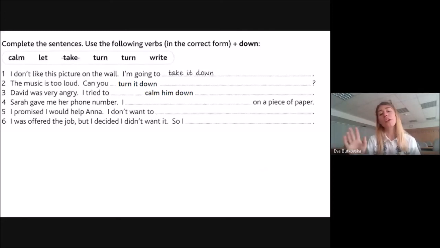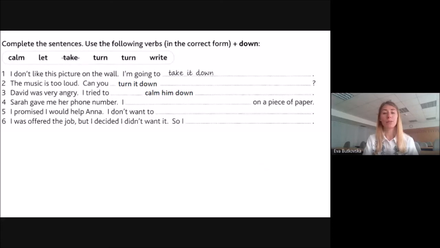Some phrasal verbs are separable, so we can insert pronouns, like in this sentence, him, in the middle of the main verb and the particle, but some of those are inseparable. Most of them are separable, so you can insert the name or the person or pronoun between the main verb and the particle.